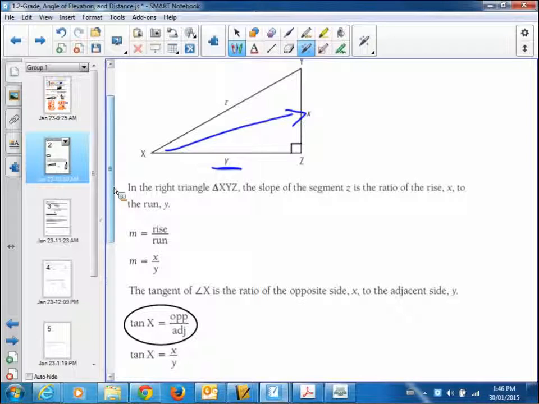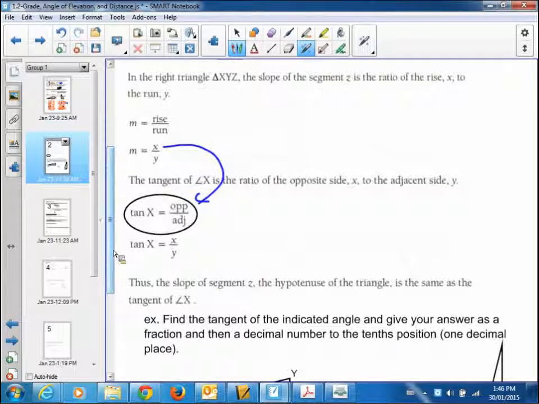Opposite over adjacent. Now, there's nothing to write down here. But what this is telling us is that, do you see how the tan on a right triangle is the exact same as the slope? Okay? So tan is the same as slope on a right triangle.